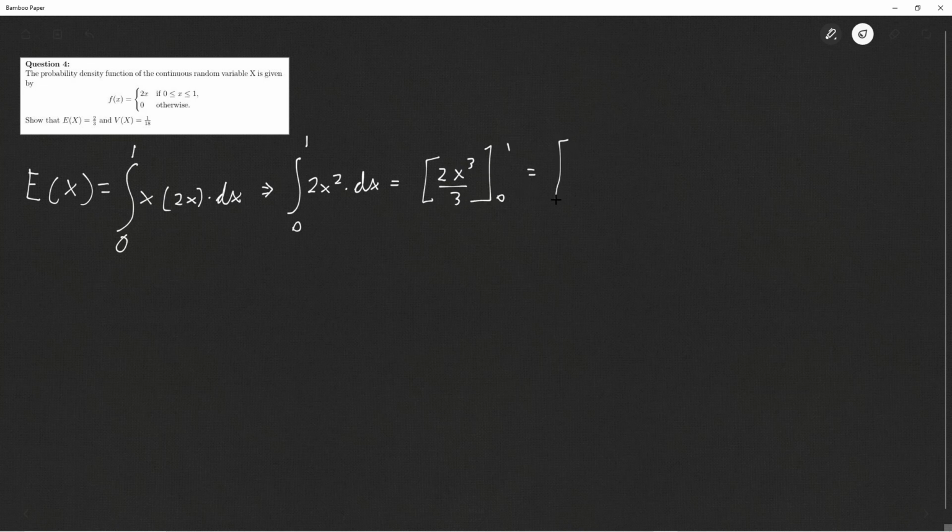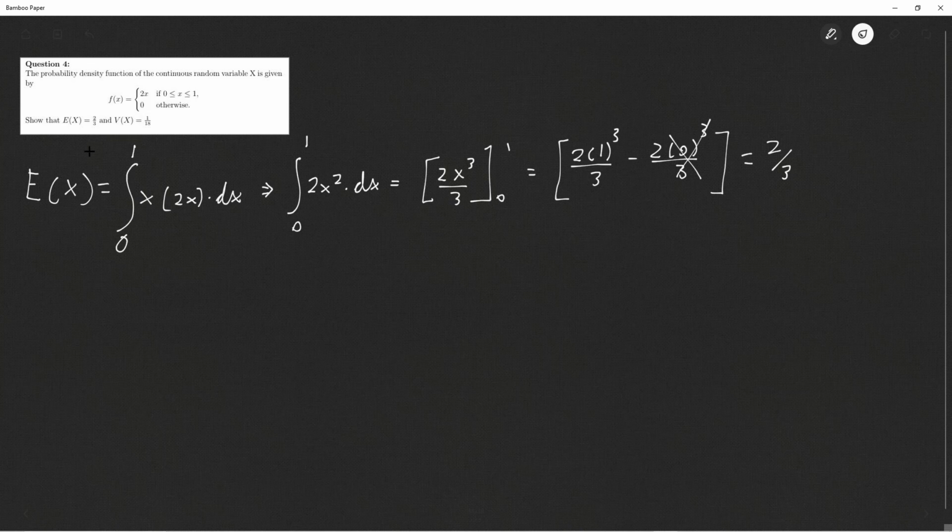And since we'll have our upper bound minus our lower bound, this will be 2 multiplied by 1 cubed divided by 3 minus 2 multiplied by 0 cubed divided by 3. And since this is just 0 and 1 cubed is equal to 1, this satisfies what the question wants, giving us 2 over 3 as our expected value.